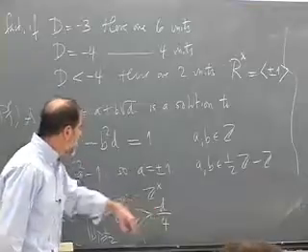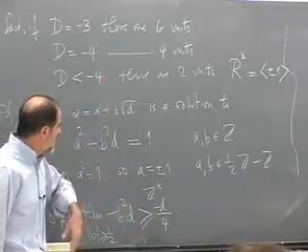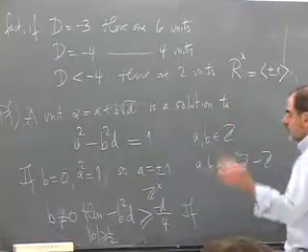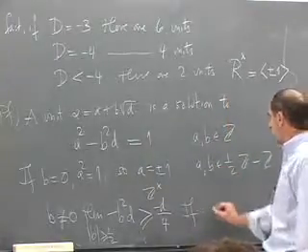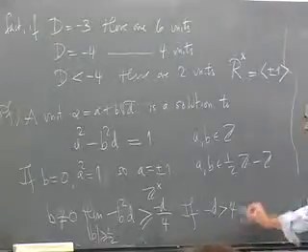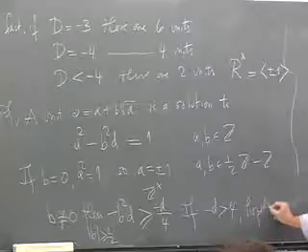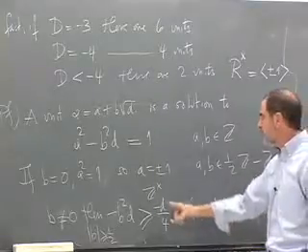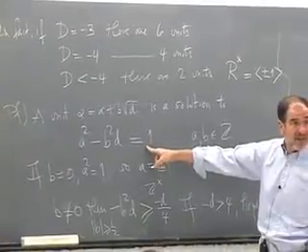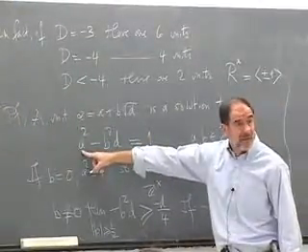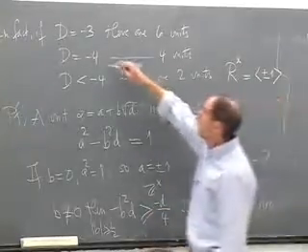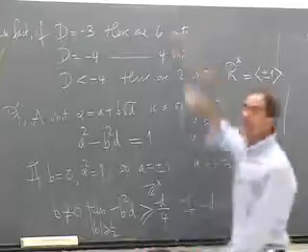Once minus d is bigger than 4, it's hopeless, because then this number will be bigger than 1, and there's no way that these things can add up to 1. This number is positive. So that eliminates almost everything, and then you just check these two cases, and you find the various solutions.